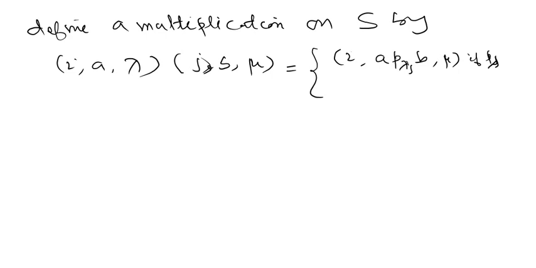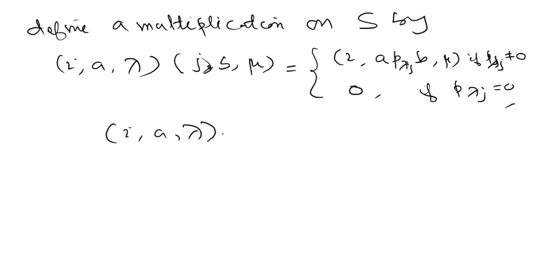In case P lambda J is equal to 0, we take its value 0. And the product with 0 we also have to define: I A lambda times 0 is equal to 0 times I A lambda, and the product is equal to 0, and that's the same as 0 times 0.